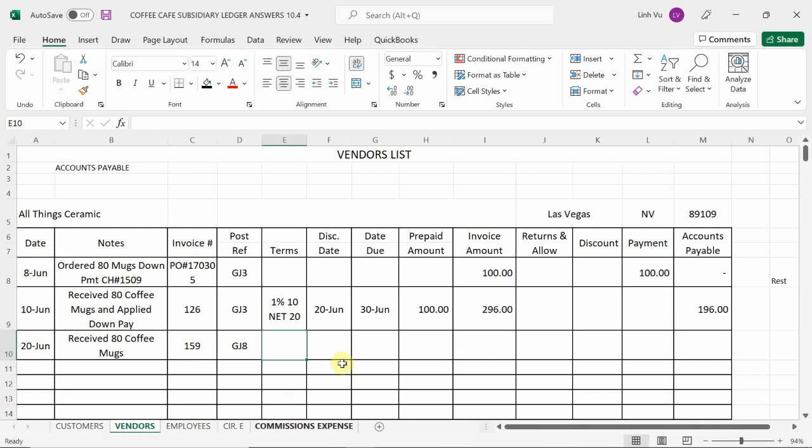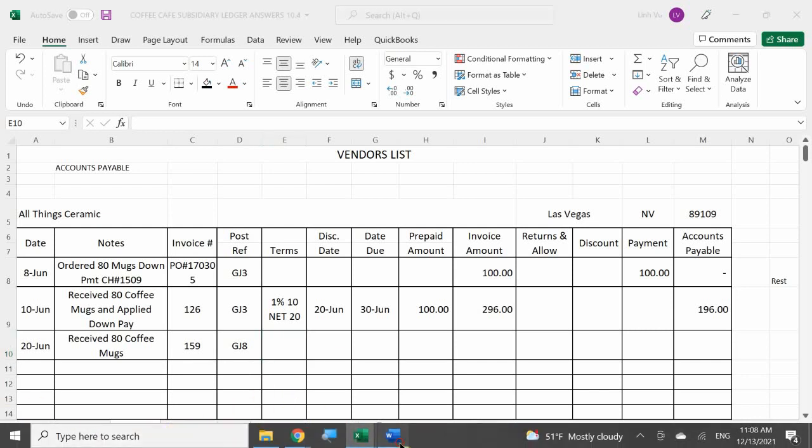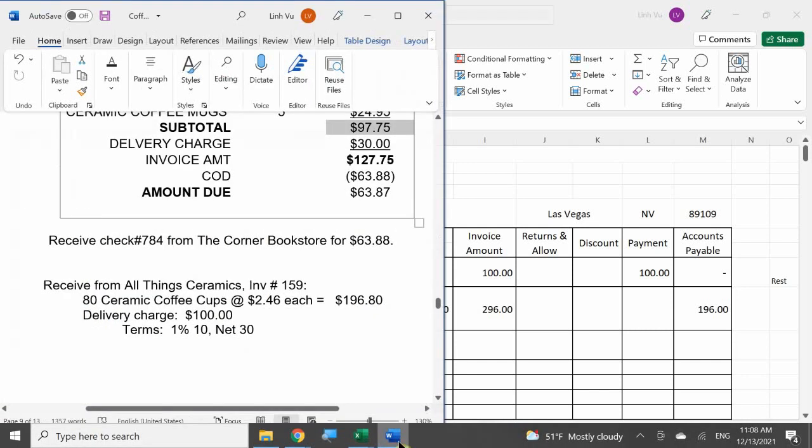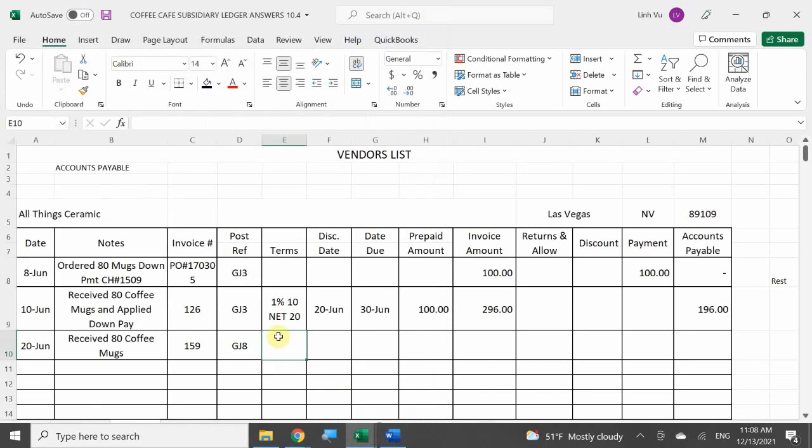What were the terms that they gave us? 1%, 10 net 30. So what is my discount due date? If I pay within 10 days, I get to receive a 1% discount.